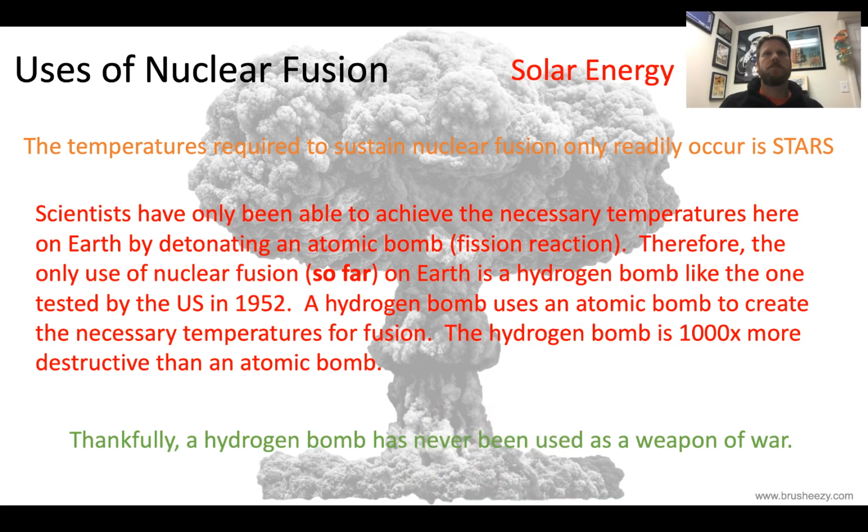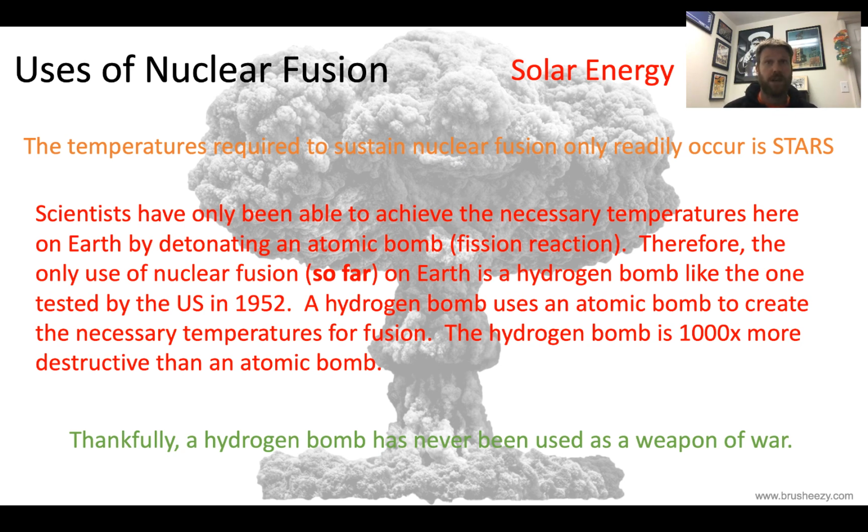On Earth, we have the ability to indirectly harness the energy from the sun's fusion reaction by the use of solar energy. Nuclear fusion is not yet possible on Earth because the temperatures necessary to sustain the fusion process are only attainable in stars. Well, I take that back. The necessary temperatures can be attained on Earth, but only inside the explosion of an atomic bomb.